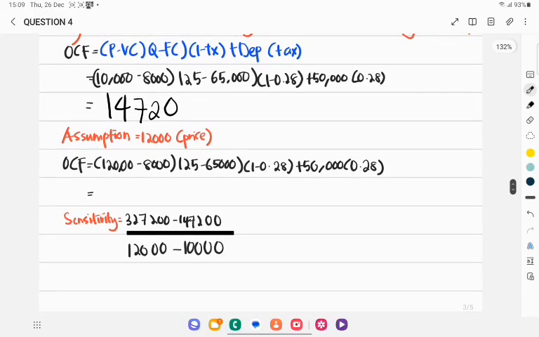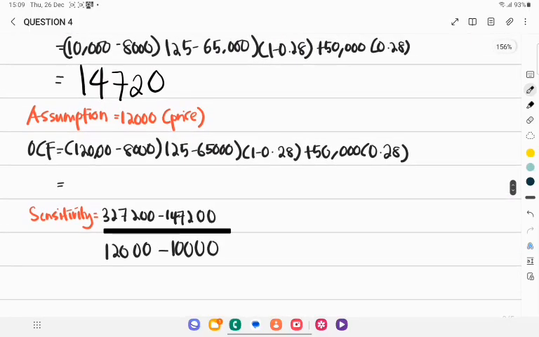So OCF, for the OCF is 12,000 minus 8,000 multiply 125 minus 65,000 multiply 1 minus 0.28 plus 50,000 multiply 0.28.